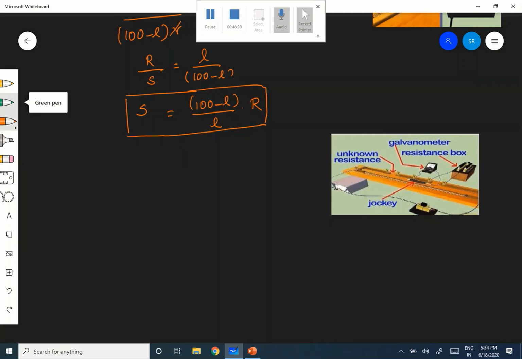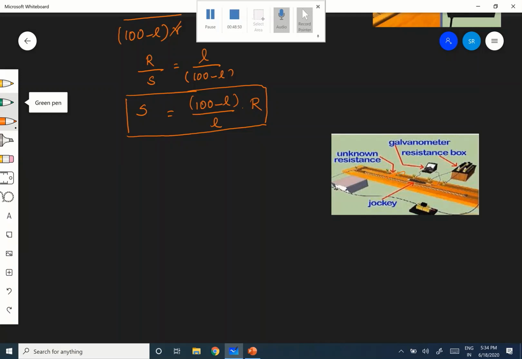Now what you have to do is interchange the resistances R and S, so the unknown resistance is in the left gap.